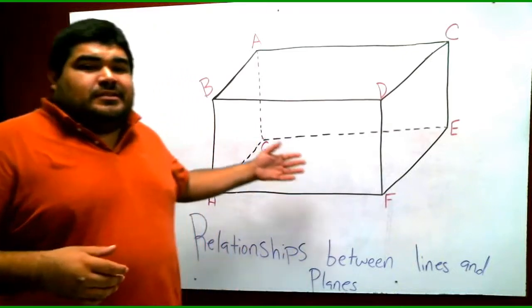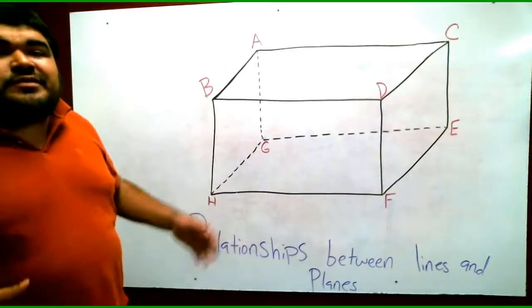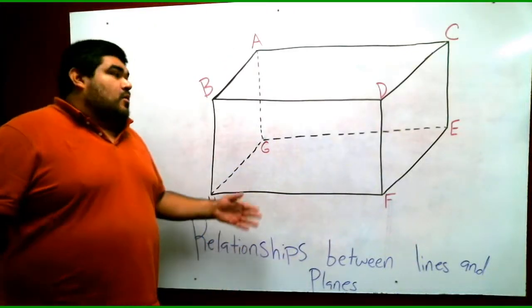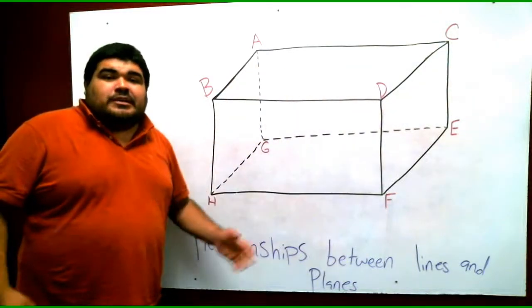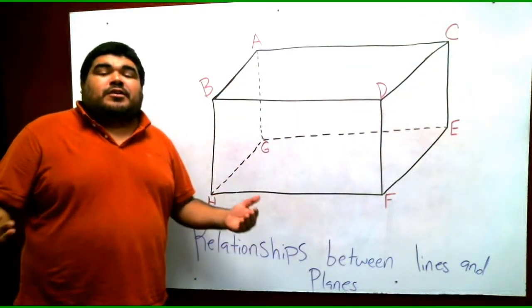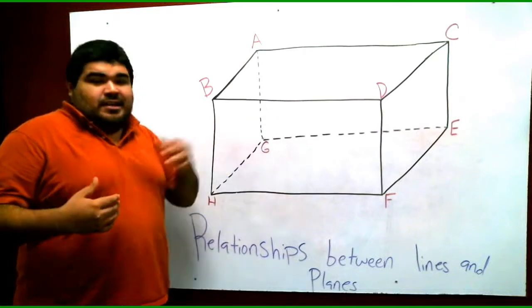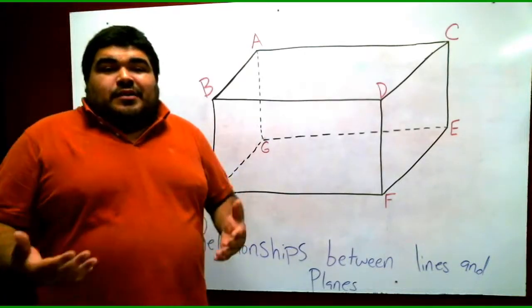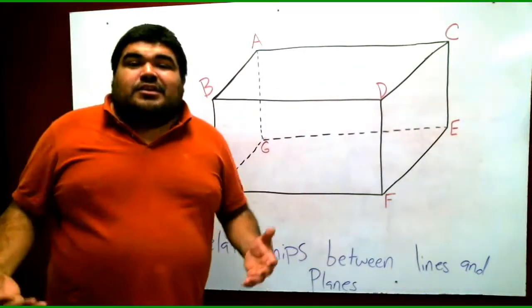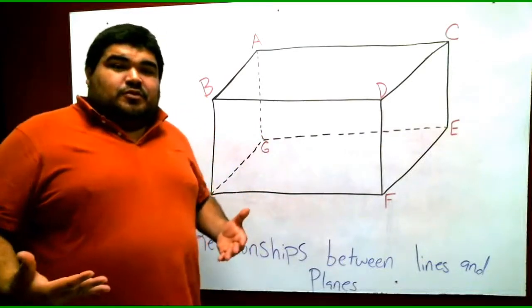Notice that I have this drawing up here, this 3D figure. Make sure you write it down in your notes. This is the figure we're going to base all of our questions off of today. If you can't draw it perfectly, that's fine. Just make sure it's something similar to it.